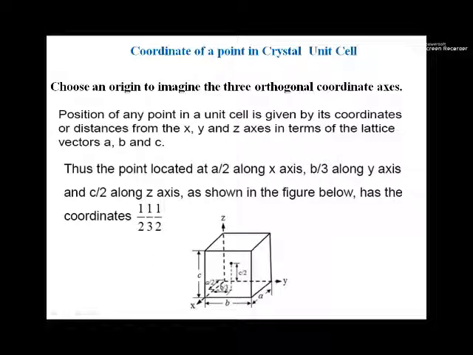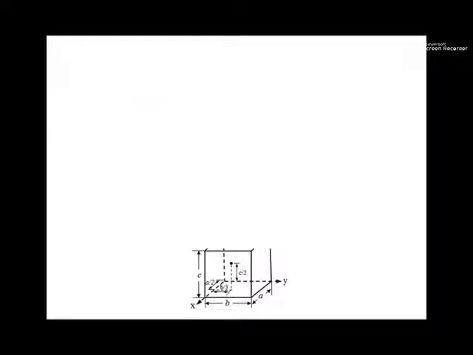But this representation of direction is probably problematic in the case of a crystal system. So let us move in this way. How can we solve this problem, that is, the direction of choosing a plane in the crystal system?